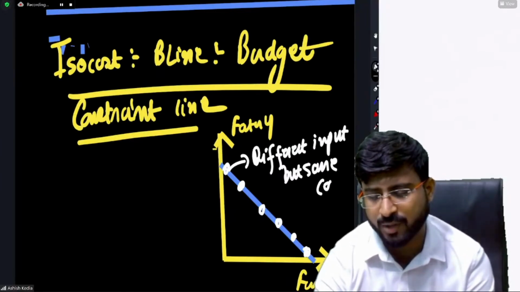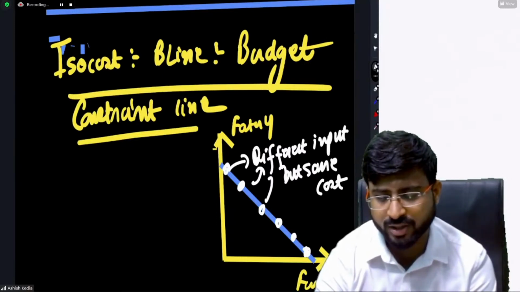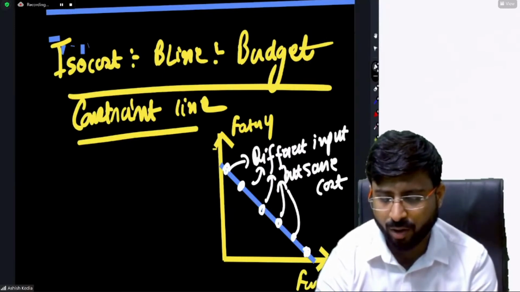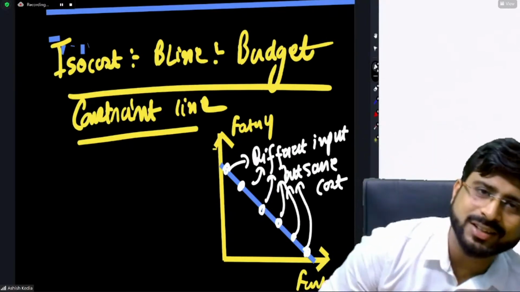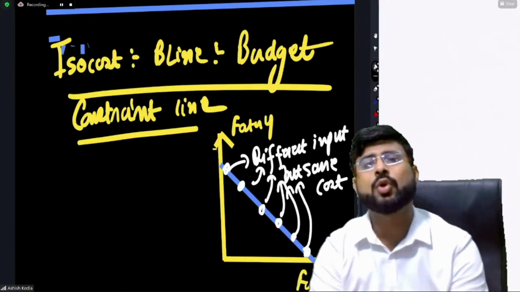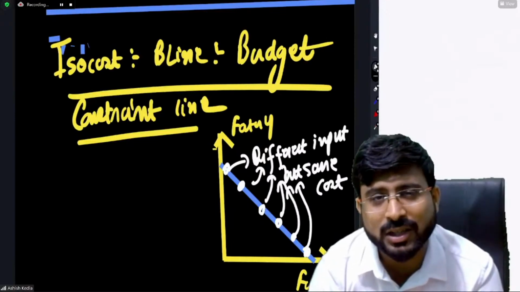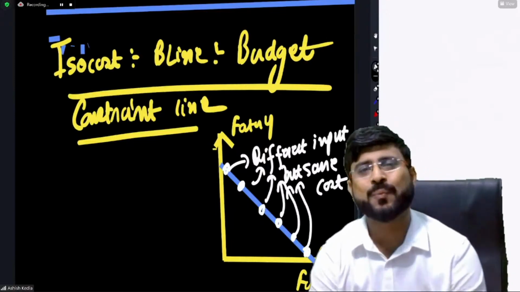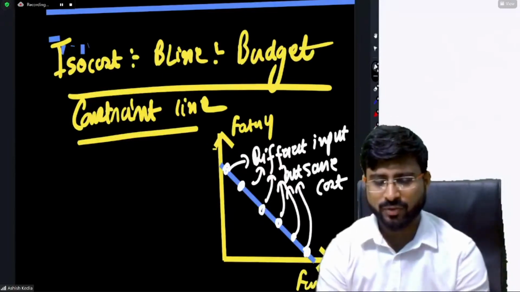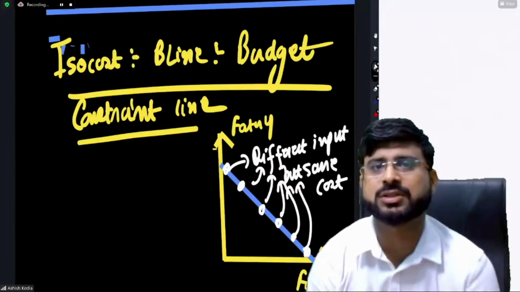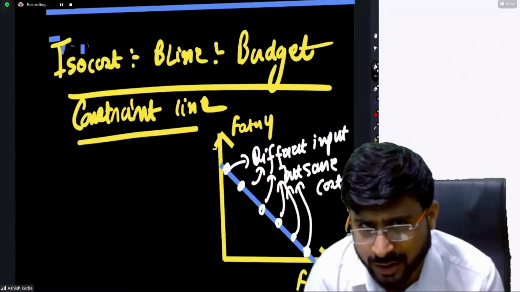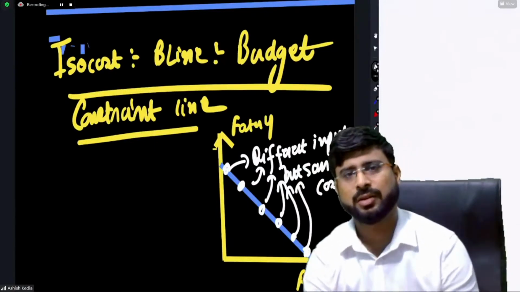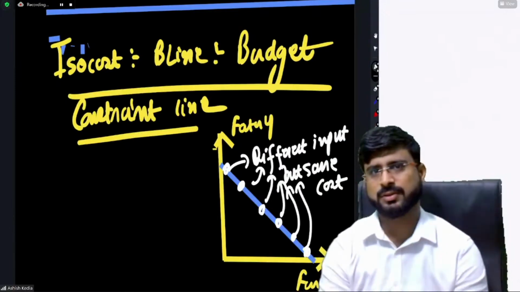All these have different inputs, but the total cost of production is the same. Is it done? Is it understood, everyone? Yes or no, please?